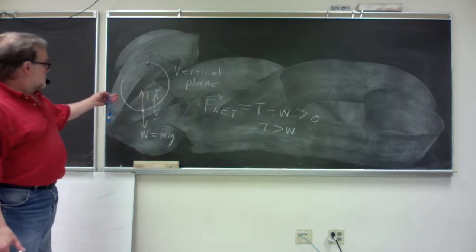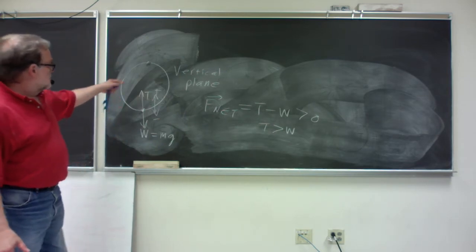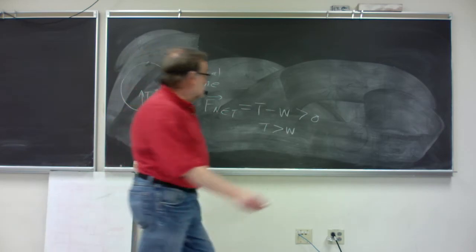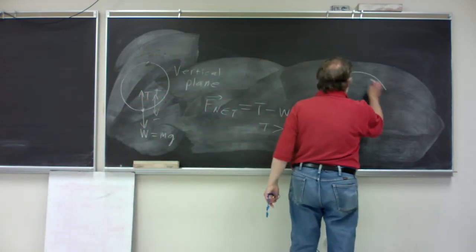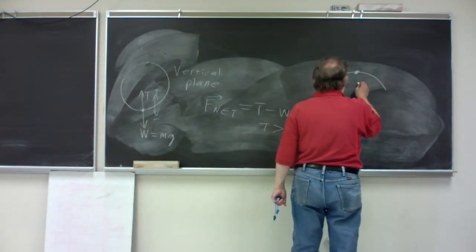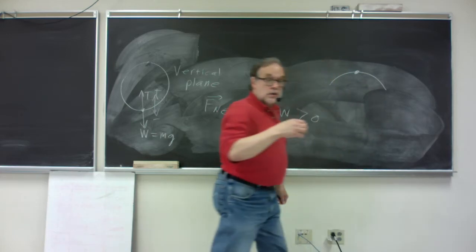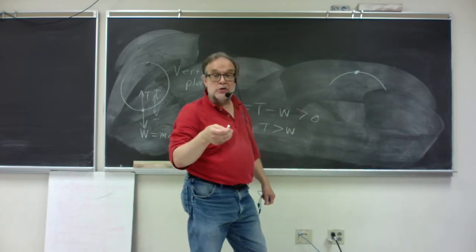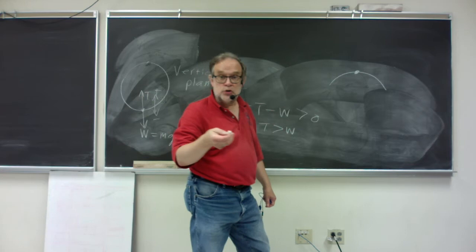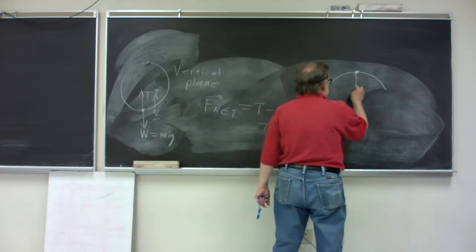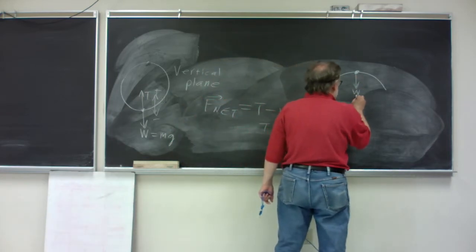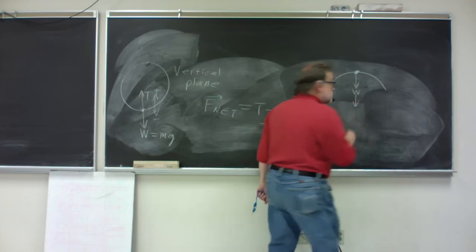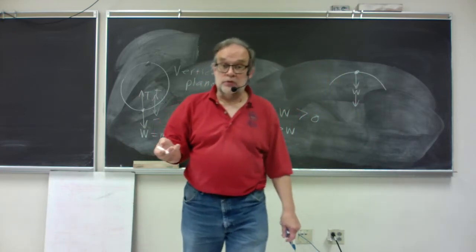And then let's think about what happens now at the top of the circle. At the top of the circle, the forces on the plug are still the same two forces: weight, which always pulls down, and then tension, which always pulls toward the center of the circle.